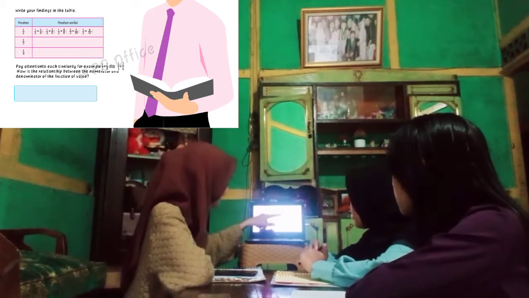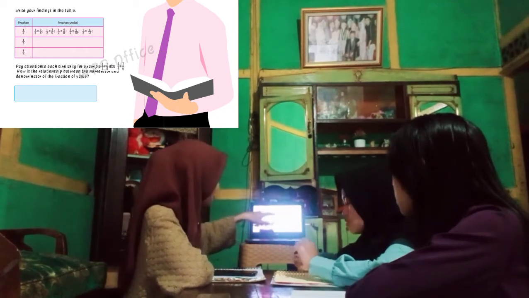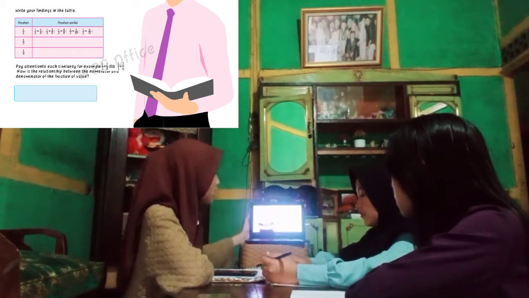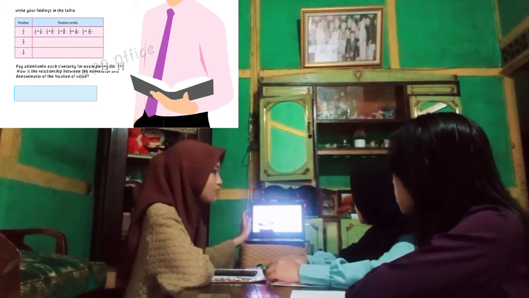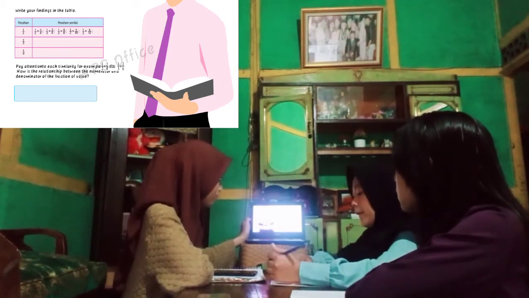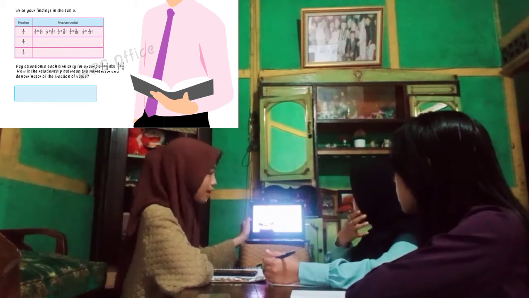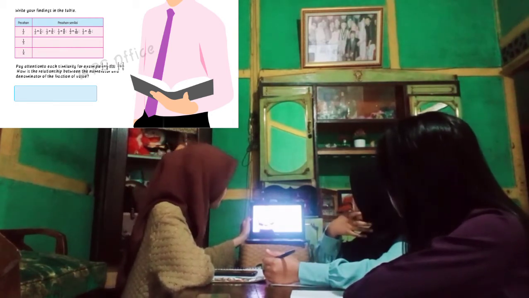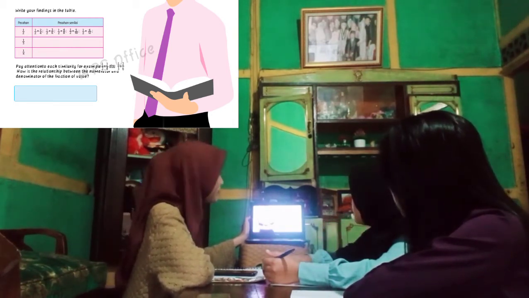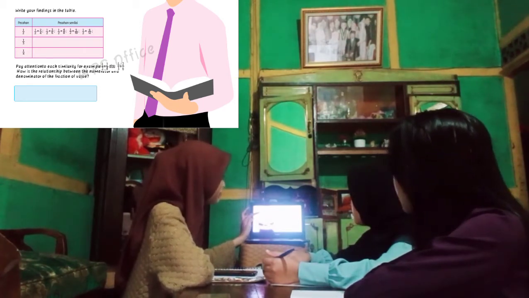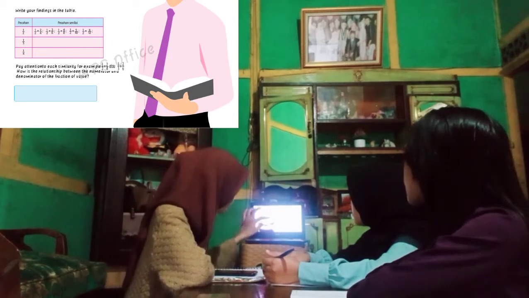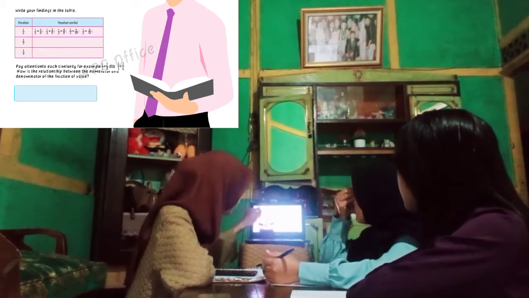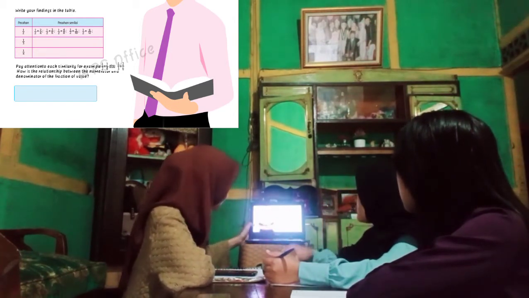Number 1, 1 over 2 is 2 over 4, or 1 over 2 is 3 over 6, or 1 over 2 is 4 over 8, or 1 over 2 is 5 over 10, or 1 over 2 is 6 over 12.